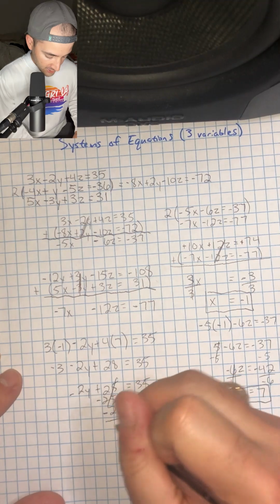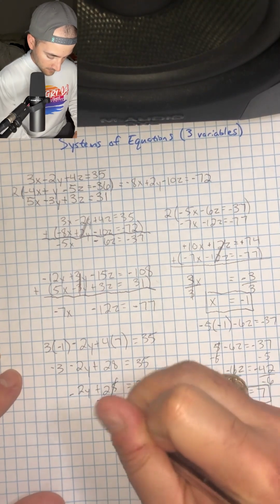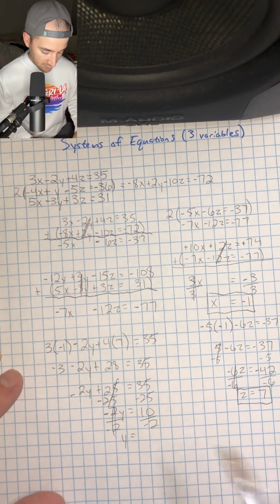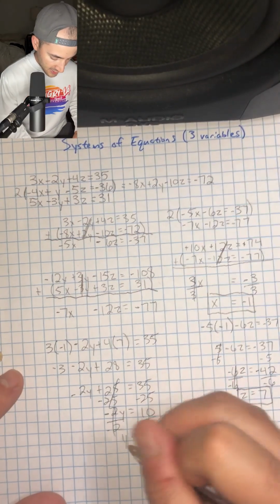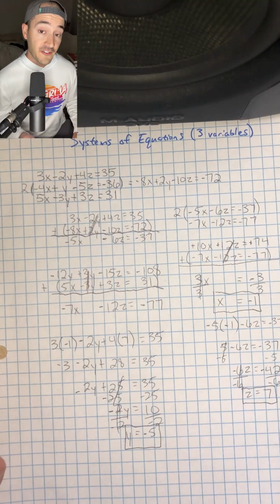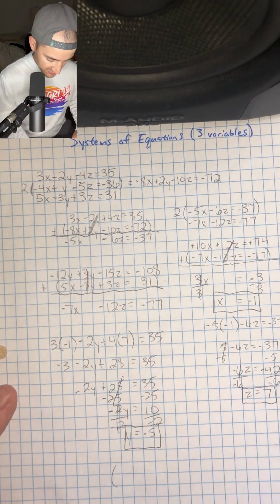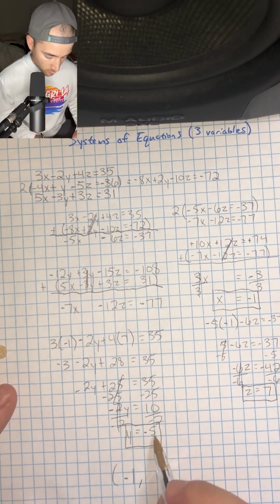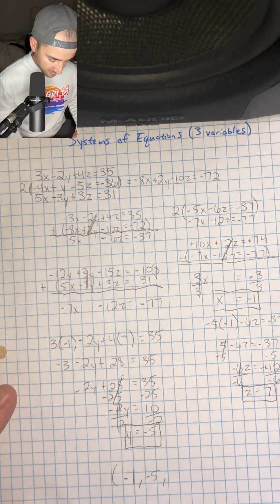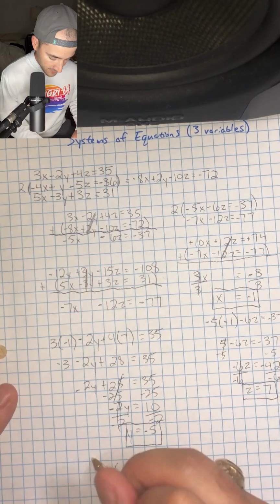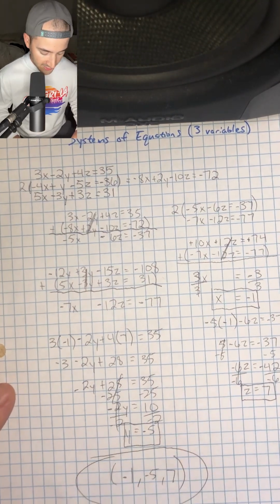So we can divide by negative 2 to get y is equal to 10 divided by negative 2, which is negative 5. So y is equal to negative 5. So our final answer, or our solution, is equal to our x value, which is negative 1, comma, our y value, which is negative 5, comma, our z value, which is positive 7, and that would be our answer.